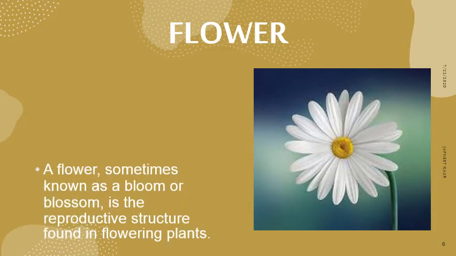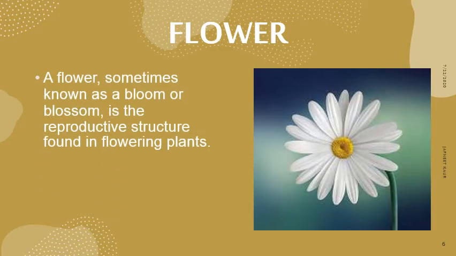A flower, sometimes known as a bloom or blossom, is a reproductive structure found in flowering plants. जरूरी नहीं है flower हर plant में आए, but कुछ plants ऐसे होते हैं जिन्हें flowering plants कहते हैं, उन्हीं में ये आता है. और ये क्या है? Reproductive structure, because due to flowers, plants can reproduce and give birth to another plant.